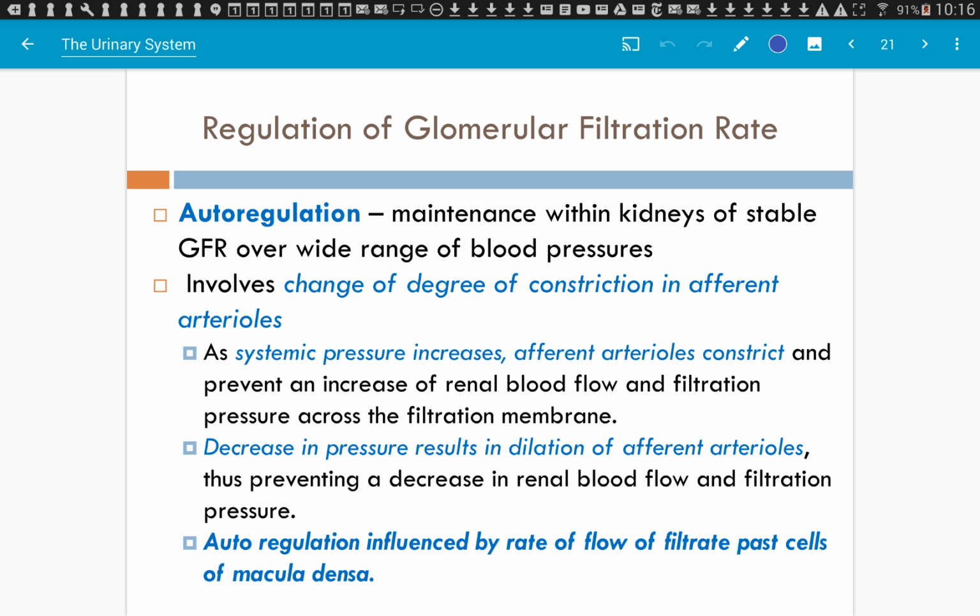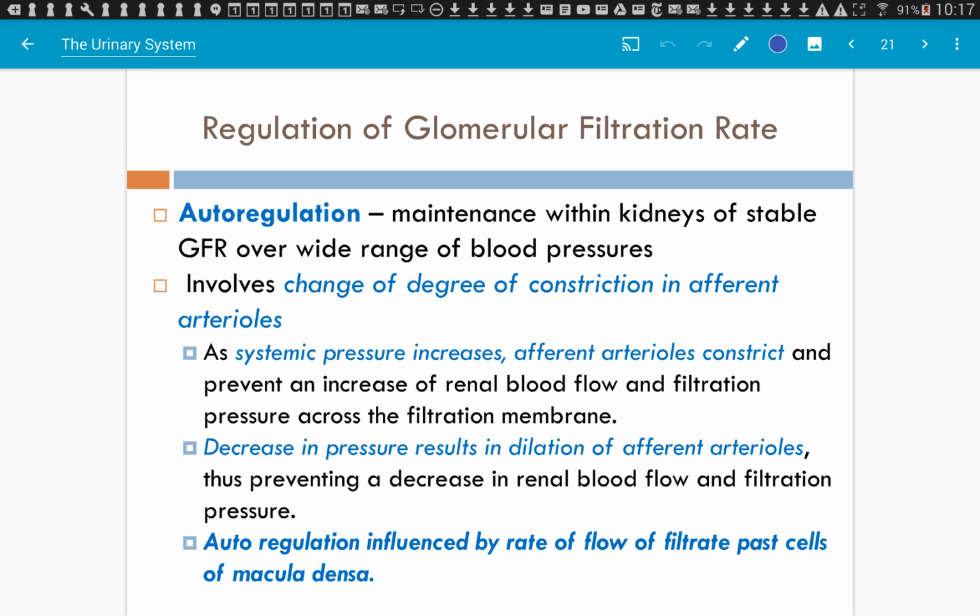And autoregulation is able to control this filtration rate regardless of what your blood pressure is. It's able to adjust. If you have higher blood pressure or if your blood pressure has dropped, it can adjust the pressure of blood coming in to the glomerulus and help keep that filtration rate fairly consistent.